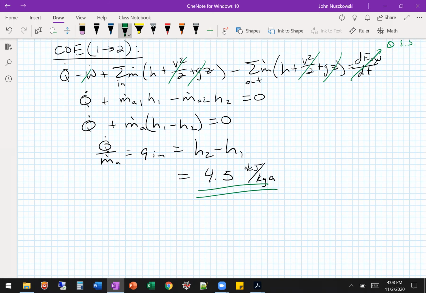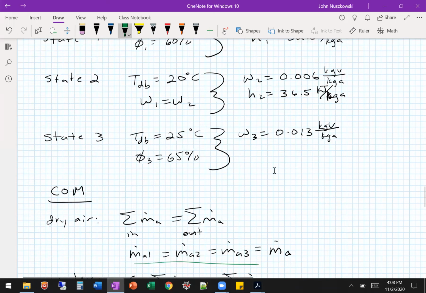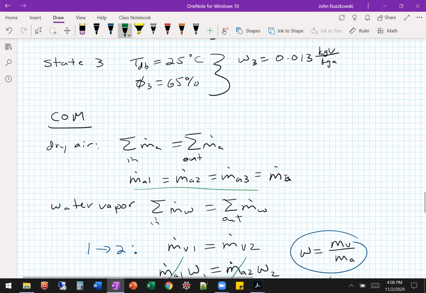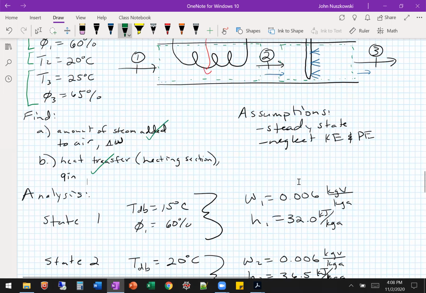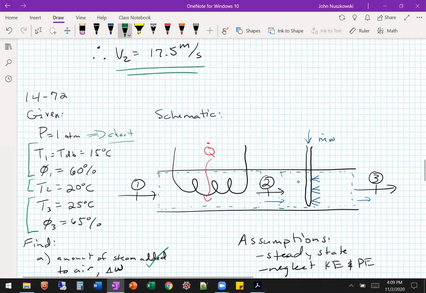I'll show the psychrometric chart, but right before that, I want to say we didn't end up having to do the COE for 2 to 3, because we solved for the second part, heat in, and that's because of what we were given. But if we didn't know as much about the outlet state at 3, and we knew more information, say at 2, we could use conservation of energy from 2 to 3. We would just need to know the temperature of the water we're injecting.